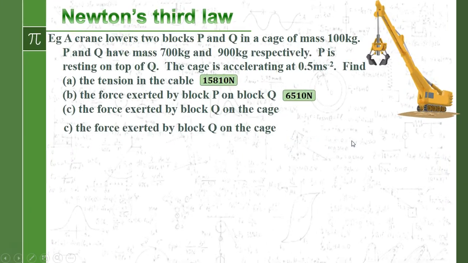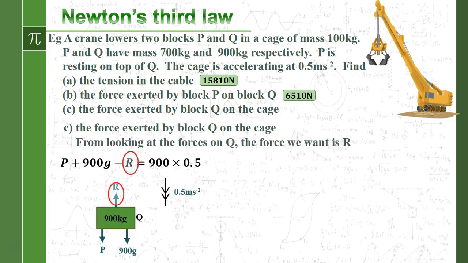And finally, we want part C, which is the force exerted by block Q on the cage. So if we have a little look at Q again, here's our block Q. It's sitting on the floor of the cage with P on top of it. So that force there, that's our force that P is exerting on Q. We've got gravity, and the one we're looking for is essentially this reaction force here.